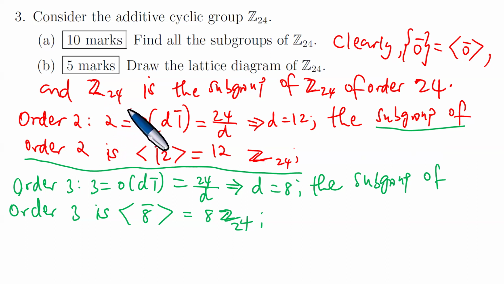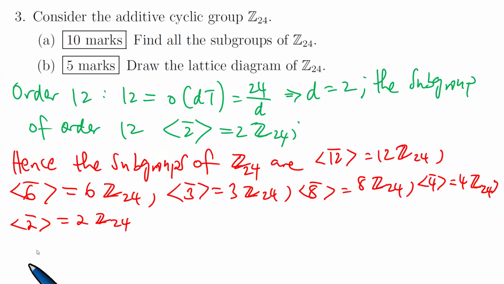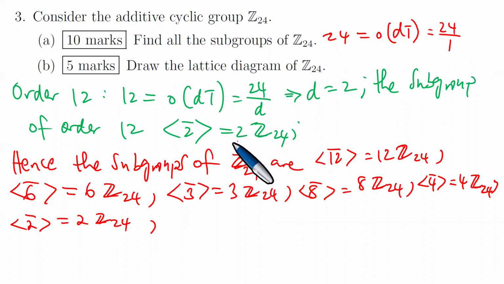And now I want us to write this in the usual notation. Because now we have exactly the 0, the trivial subgroup, but also this one, Z24, the subgroup of order 24. In terms of the notation, we also have Z24, but now you can write it as D bar. If it's of order 24, it's going to be 24 divided by 1, that means D is 1.